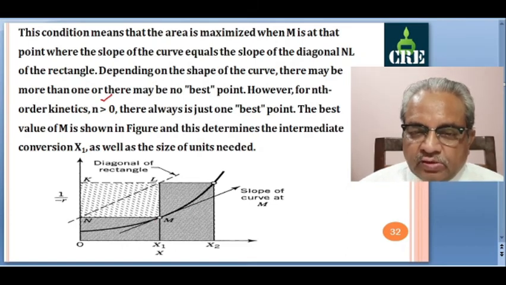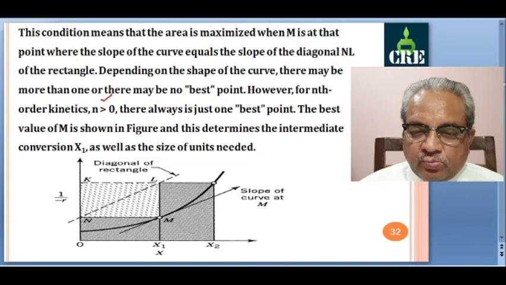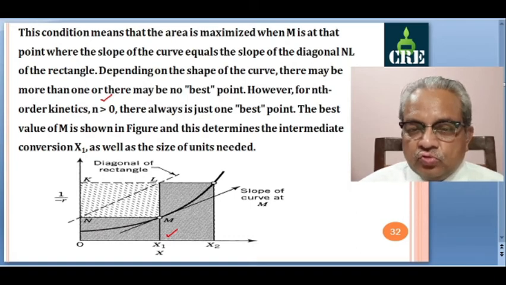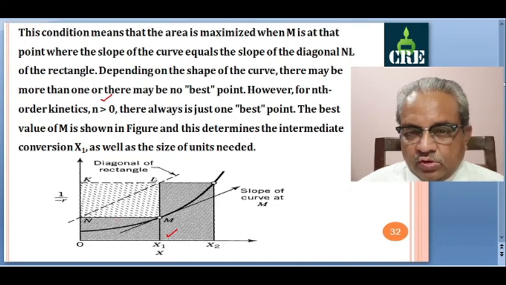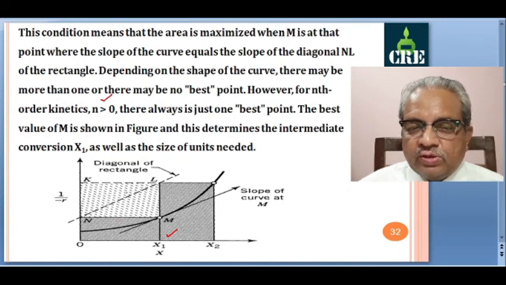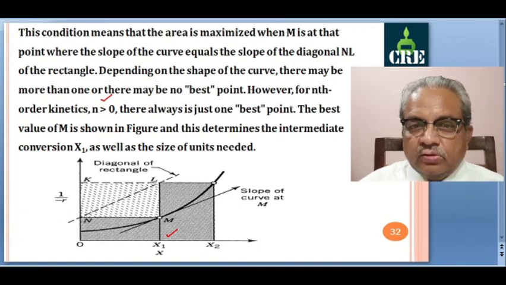This area is maximized and the tangent at this point, slopes are matched. That is the best point, x1 intermediate point, and you can find out these two volumes and add them, and this will give the minimum volume. So this kind of problem needs a little bit of practice. We'll see this in our problem solving sessions.